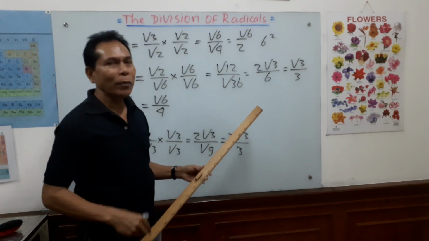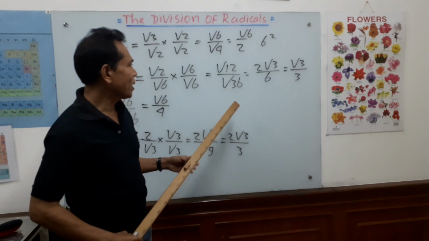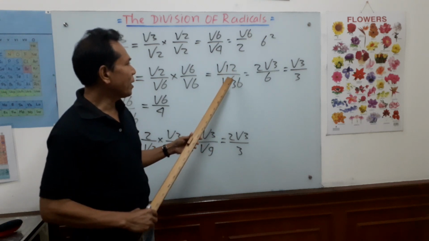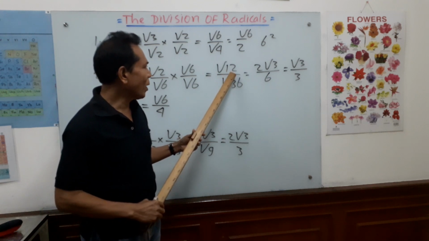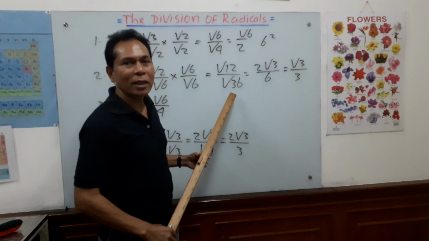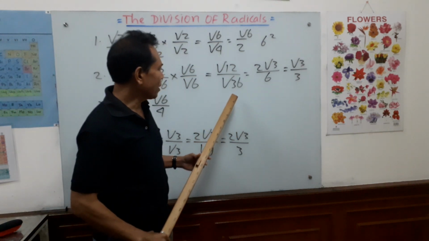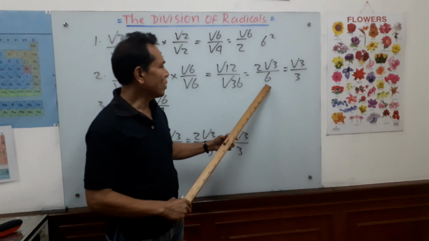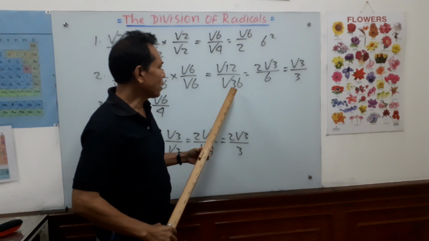We can use the normal way, or we can use a factor tree, and I showed you both ways. So we simplify square root 12, we get 2 square root 3, and square root 36 is a perfect square, so you can simply fix it. Square root 36 is 6, from 6 squared, and 6 squared is 36.